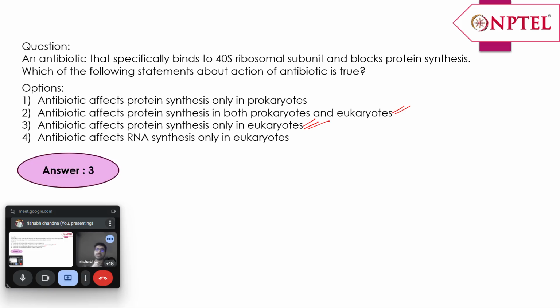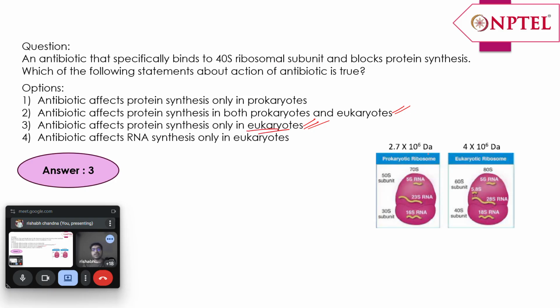That means the antibiotic, because it is specifically active on the 40S ribosomal subunit, will only affect protein synthesis in eukaryotes. Okay. So why is there a difference in the ribosomes in prokaryotes and eukaryotes? In prokaryotes there are 70S ribosomes that have a 50S larger subunit and a 30S smaller subunit. But in case of eukaryotes, the ribosomes are heavier, that is 80S, and they have a 60S larger subunit and a 40S smaller subunit.